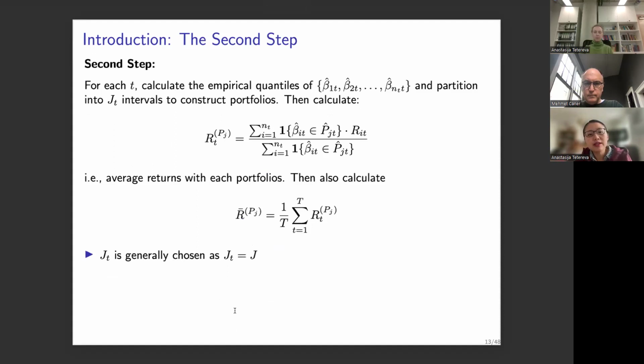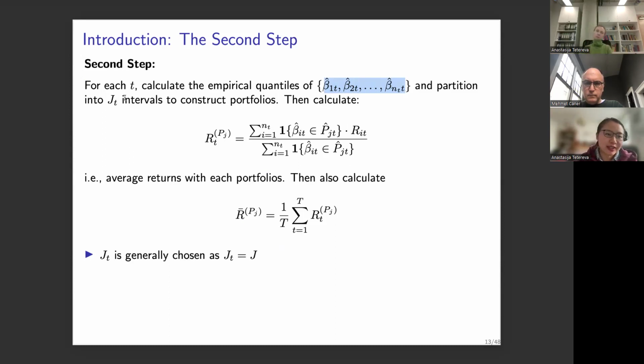For the second step, we fix a certain time point, say a certain month. For that fixed month, we collect all the estimated betas from the first step, and then we partition those estimated coefficients into, say, 10 portfolios.